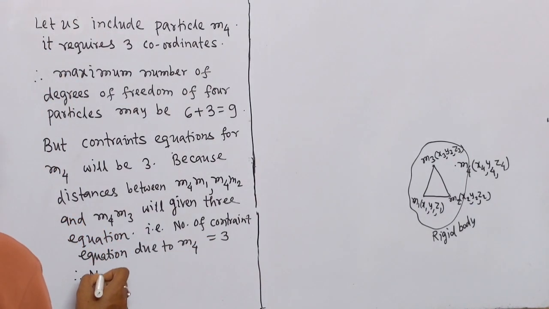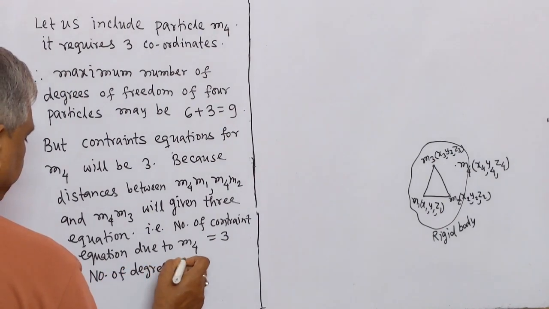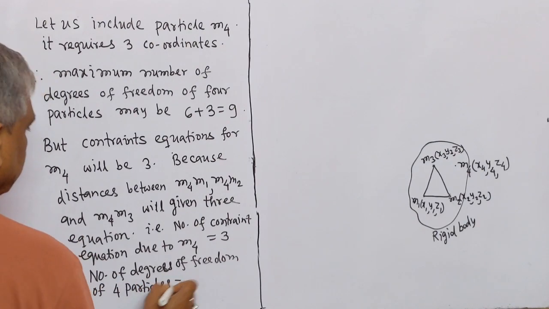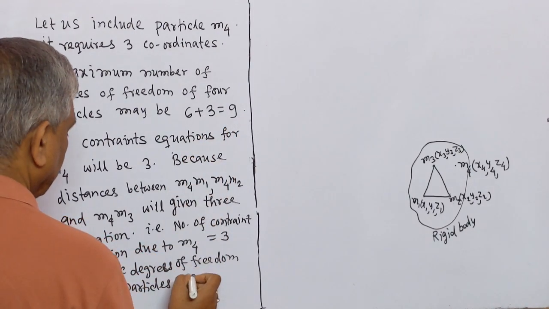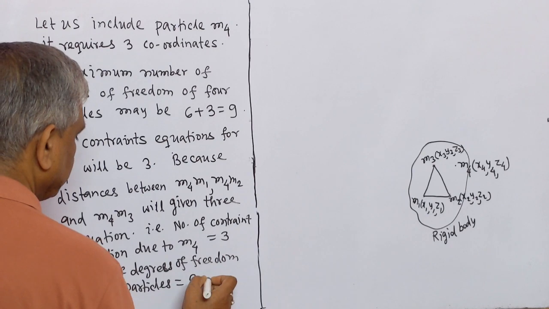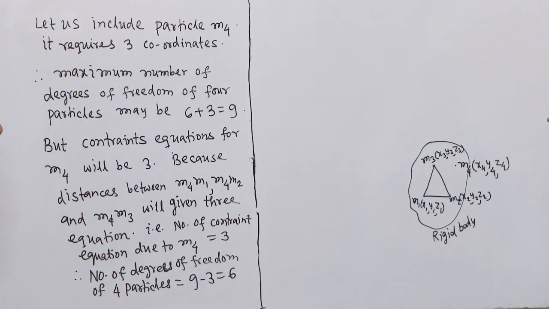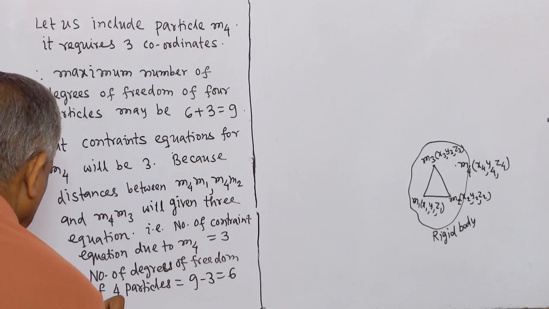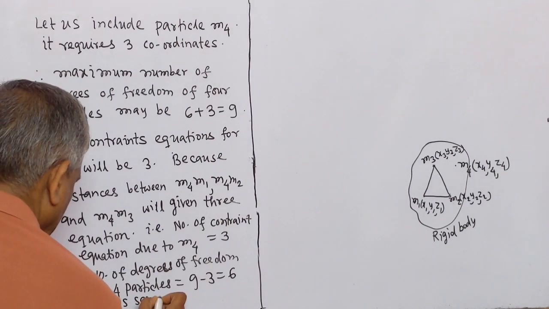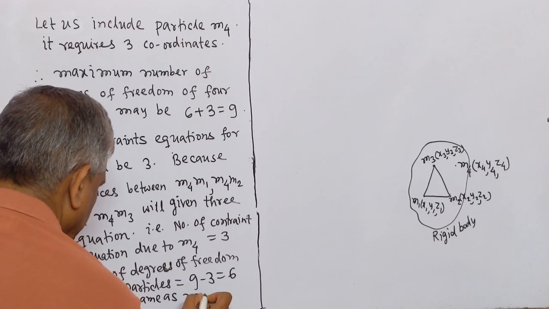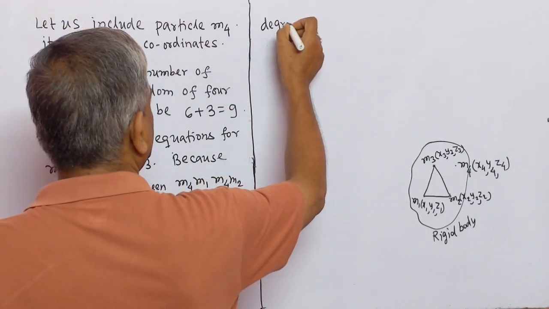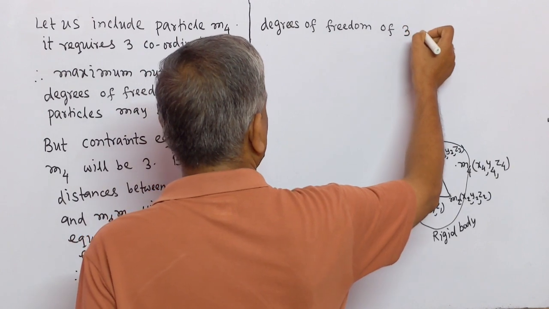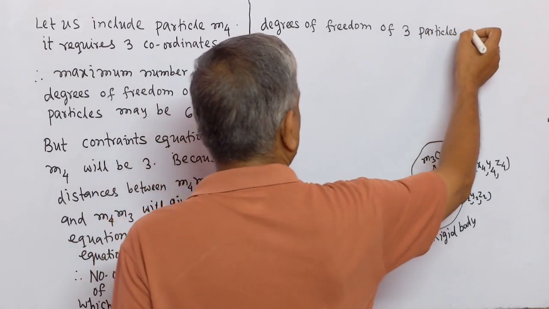Therefore, the number of degrees of freedom of four particles is equal to 9 minus 3, the number of constraint equations, that is 6, same as the number of degrees of freedom for three particles of the rigid body.